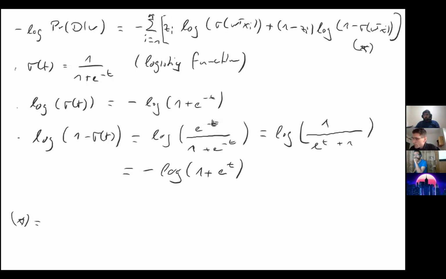So this is the sum i is 1 to n, and then we have zi times the logarithm of 1 plus e to the minus w transpose xi, plus 1 minus zi, and here we have a logarithm of 1 plus e to the w transpose xi.